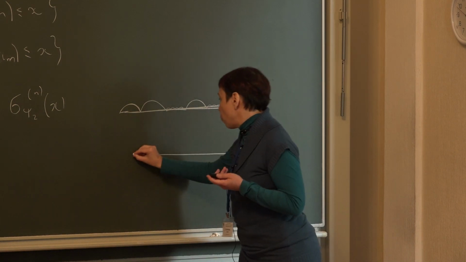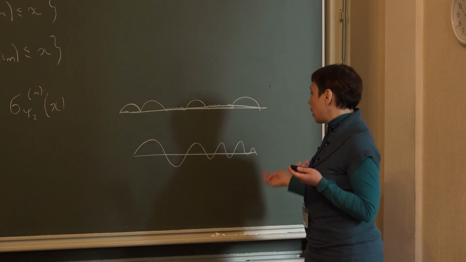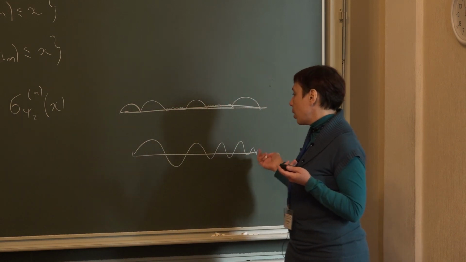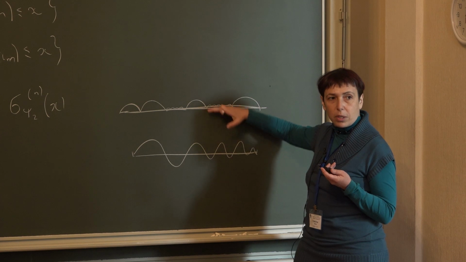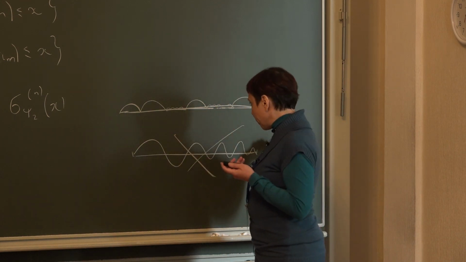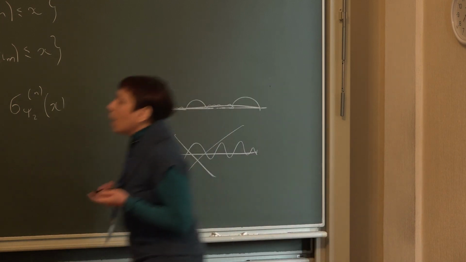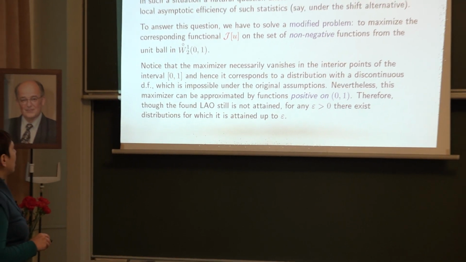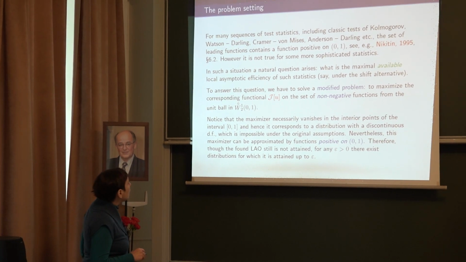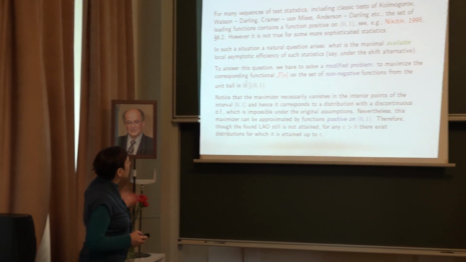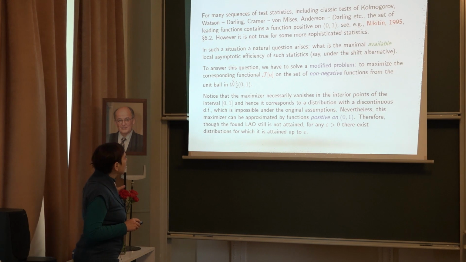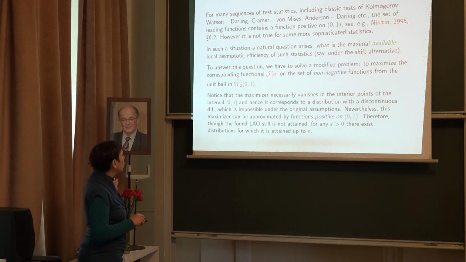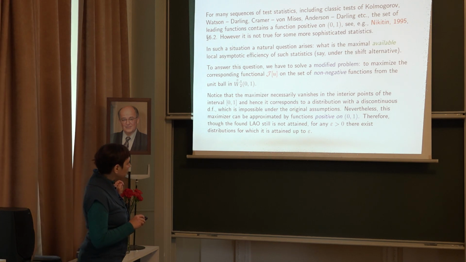And for example, for the function obtained as a solution of the differential equation, obviously we can't approximate it in such a way. So this is not our case. So we can approximate the supposed maximal available efficiency up to any positive epsilon.